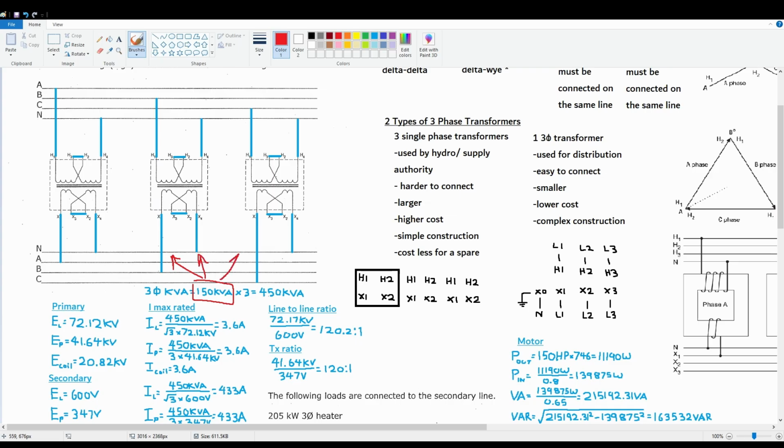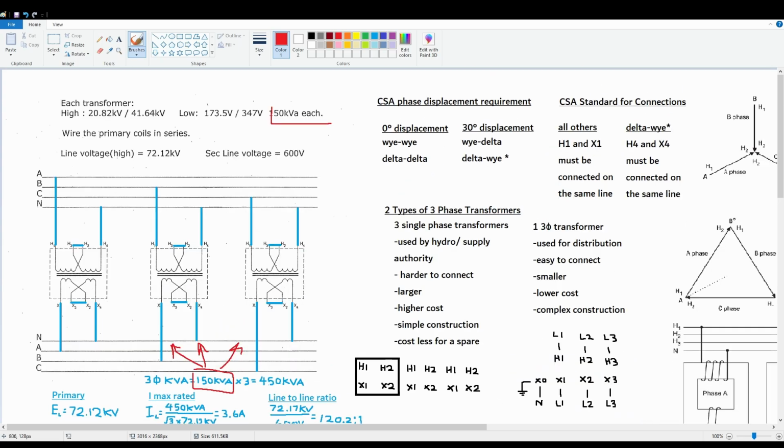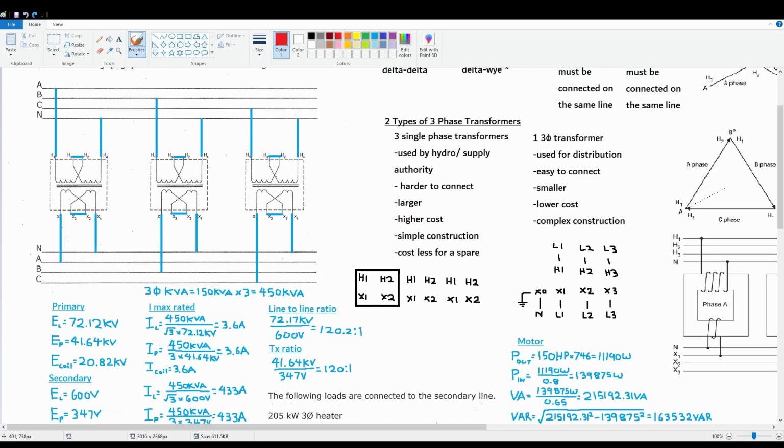Each single phase transformer, like it said up here, 150 kVA each. And for the total kVA this three-phase transformer puts out, it's basically just add them all up. So 150 kVA times 3 gives us 450. So that's its total kVA it can output.